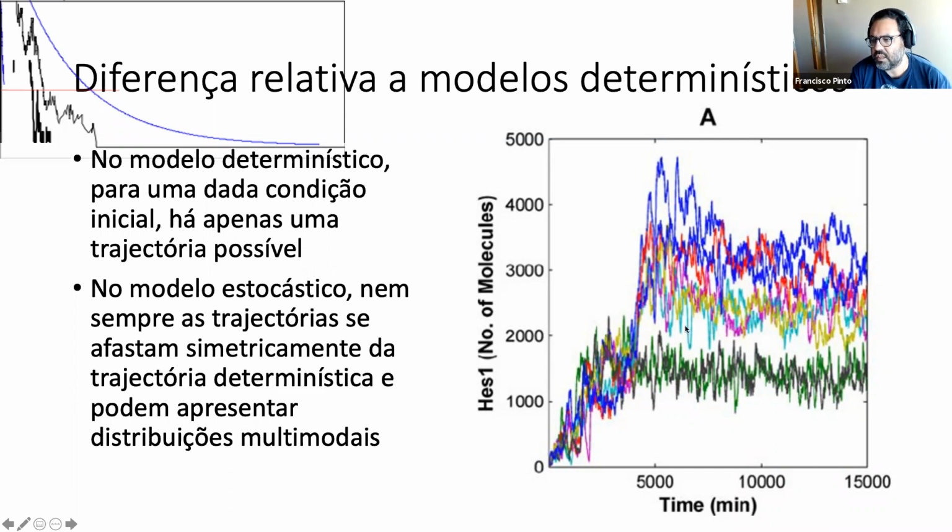But with noise, if we are working with a system with a low number of molecules with that bistability property, what we'll have is a stochastic choice of the fixed point. And depending on the size of the basins of attraction, one of the fixed points will be observed more times than the other.